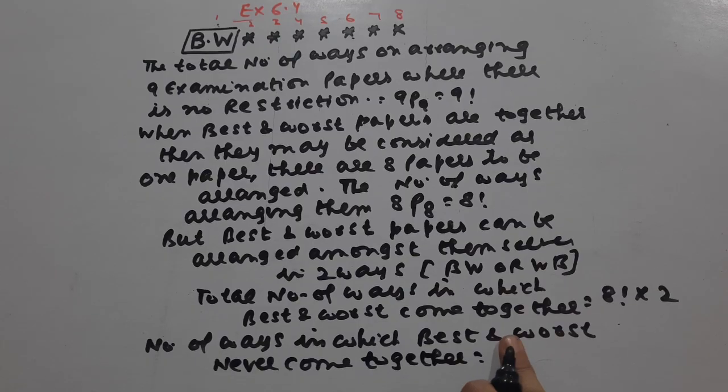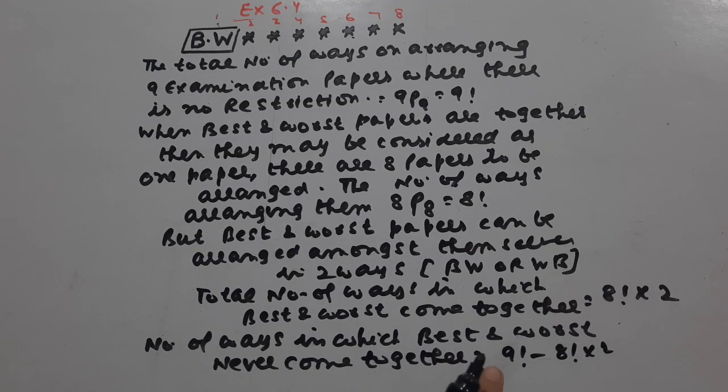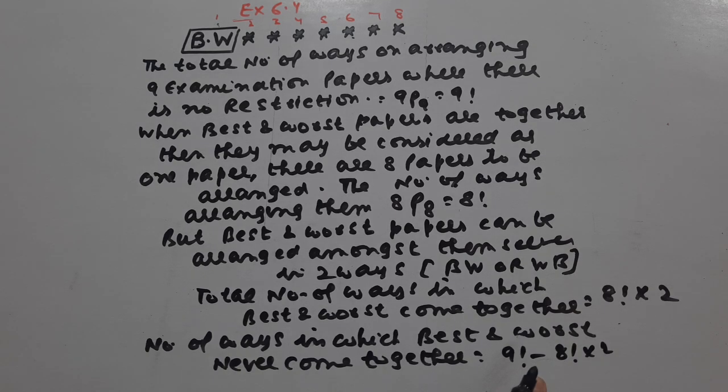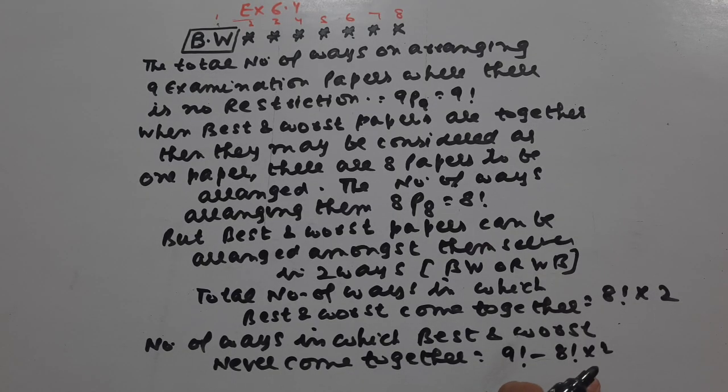9 factorial minus 8 factorial into 2. 9 factorial are the cases in which 9 papers can be arranged, minus 8 factorial into 2 are the cases in which best and worst come together. So when we subtract the cases in which best and worst come together from the total cases, we get the cases in which best and worst never come together.